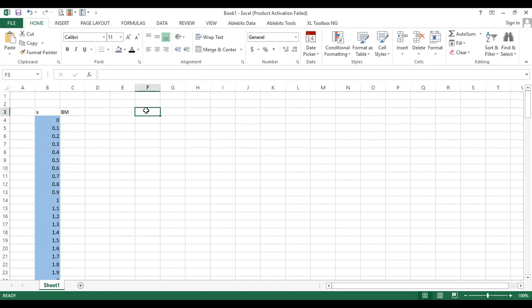So my x is going to be less than 5 and greater than 0, right?